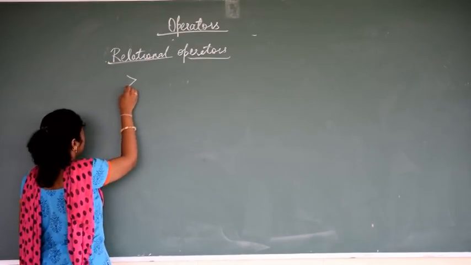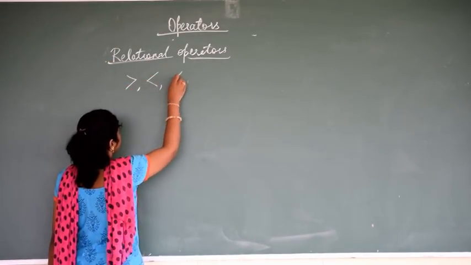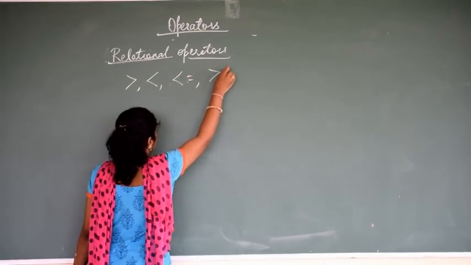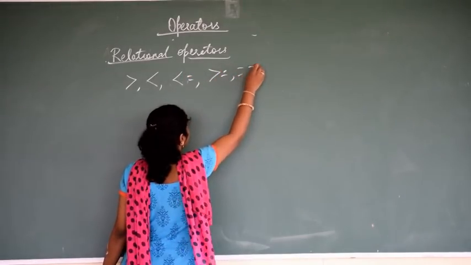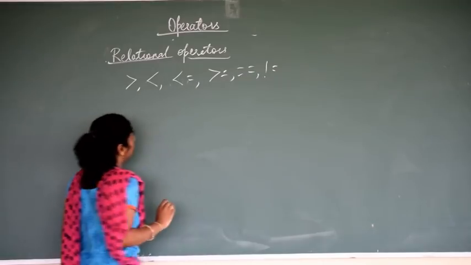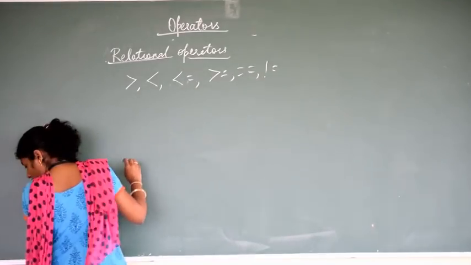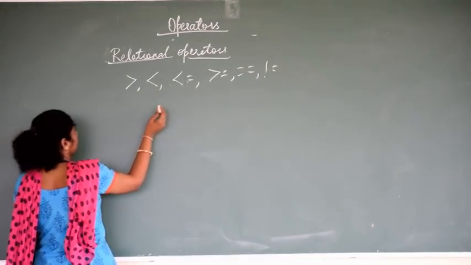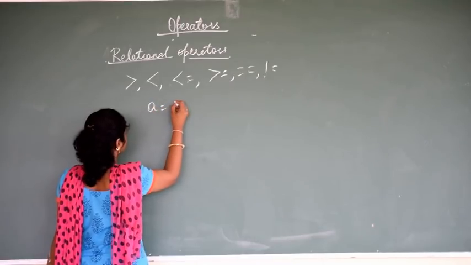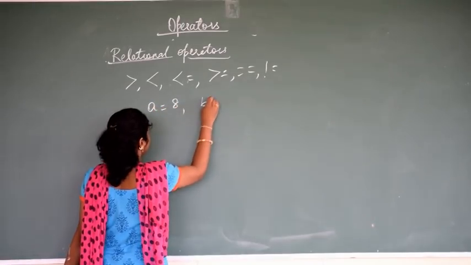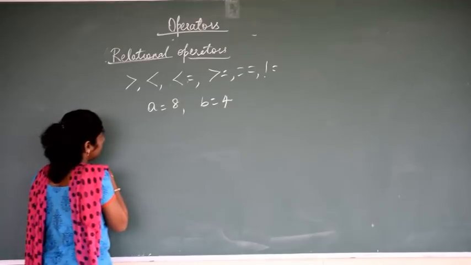Relational operators are less than, greater than, less than or equal to, greater than or equal to, equal to and not equal to. Now the value of A is equal to 8 and B is equal to 4.